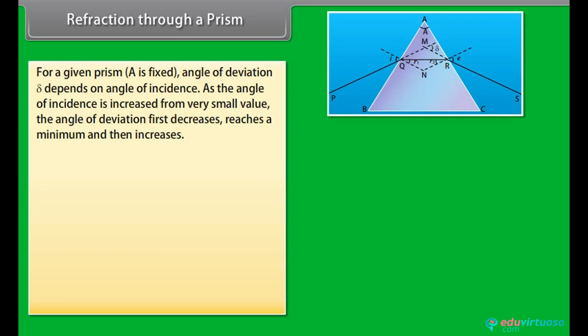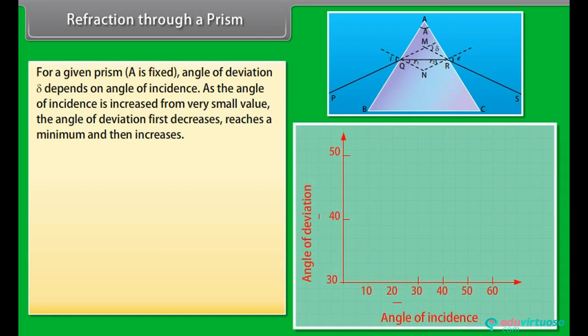For a given prism, A is fixed, and angle of deviation delta depends on angle of incidence. As the angle of incidence is increased from a very small value, the angle of deviation first decreases, reaches a minimum, and then increases.